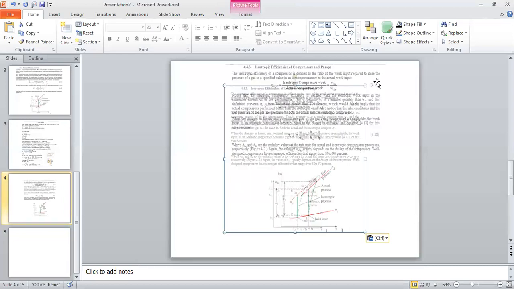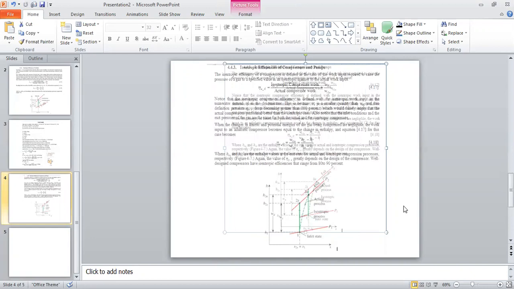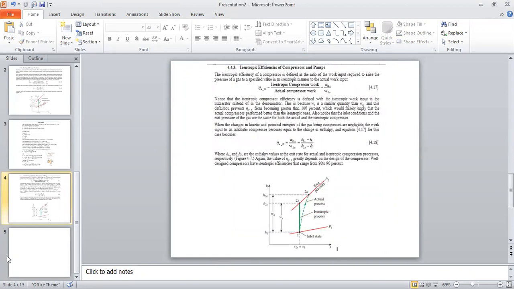Actual process and isentropic process. Okay, the isentropic process is considered an ideal process.